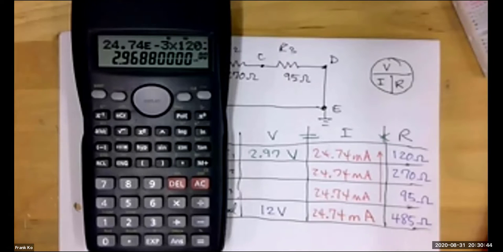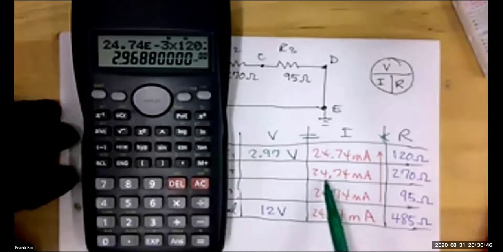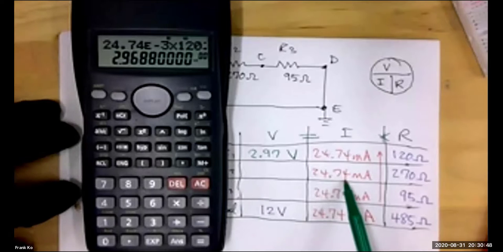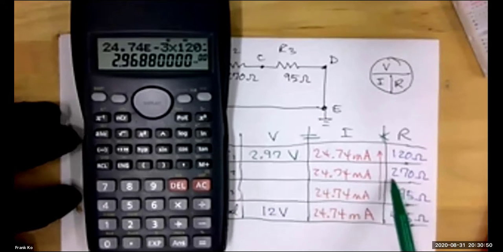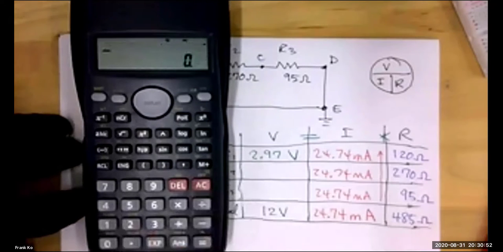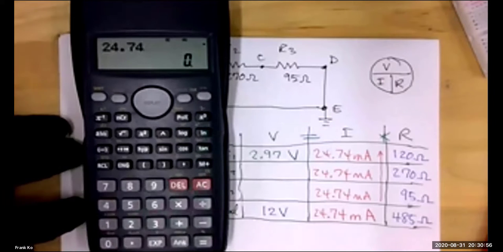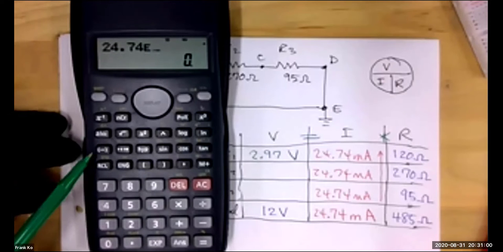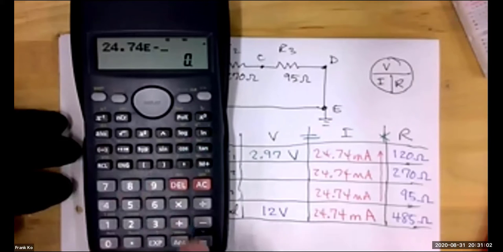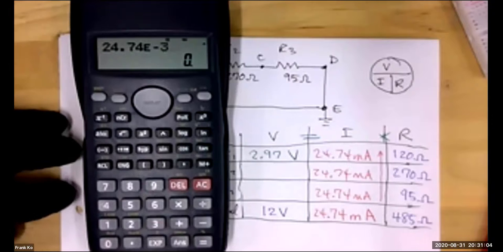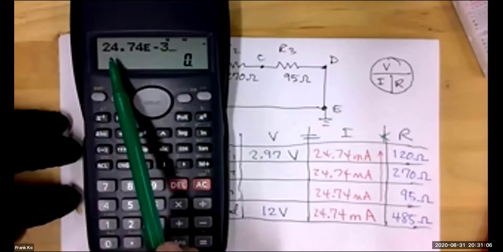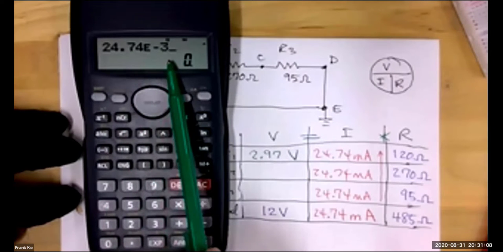Okay, the next row, we would be multiplying 24.74 milliamps times 270. So clear the calculator and key in 24.74 EXP for the exponent. Change sign key to create negative and then enter 3. Does my display now show me 24.74 milli? Yeah.